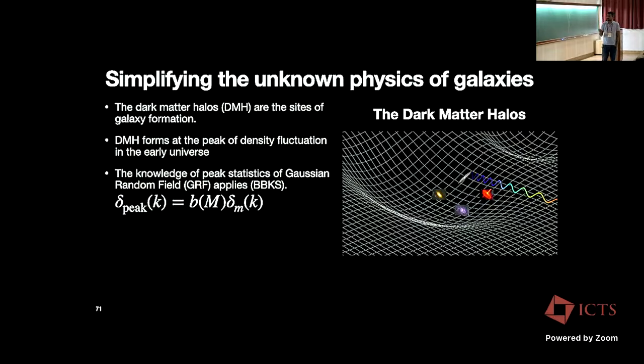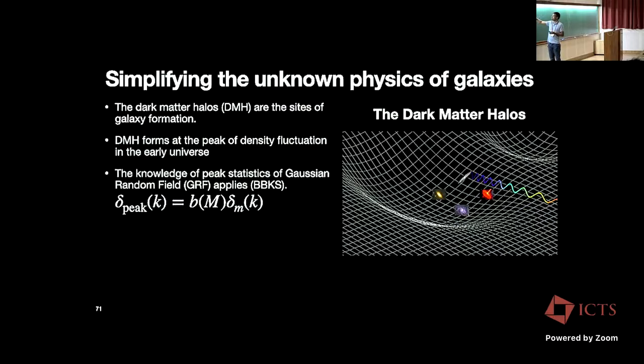And why is it a function of mass? Because if you remember my drawing from last time, if you have some density field of various heights, then the highest peak is also going to form the most massive halo.